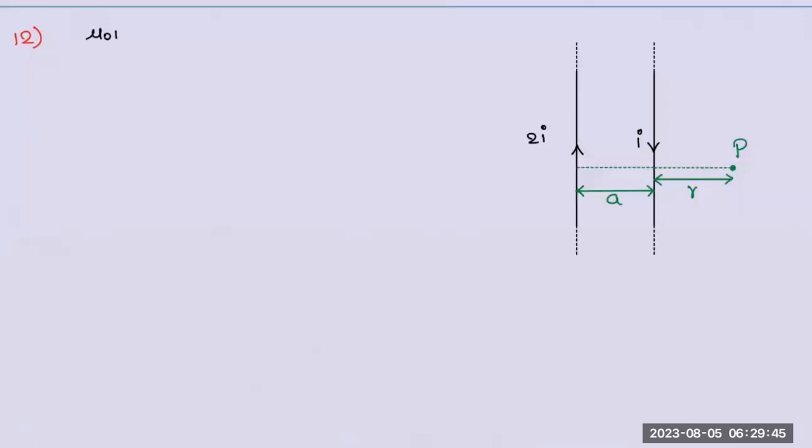So the magnetic field due to the first wire will be mu naught 2I by 2 pi (A plus R). That is the magnetic field due to the first wire. That must be equal to, why equal? Because they're opposite, they must be equal to produce net zero.